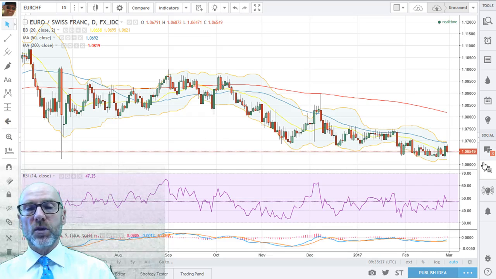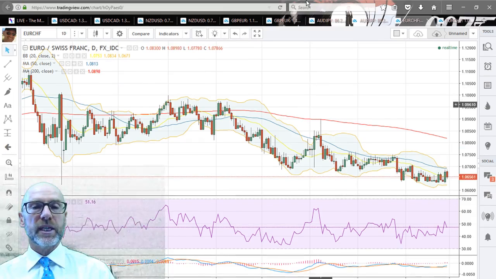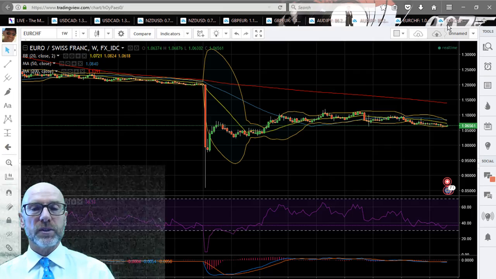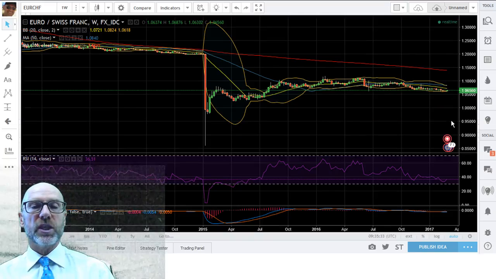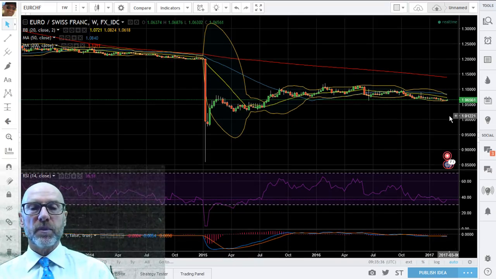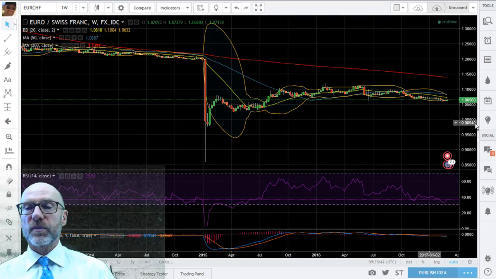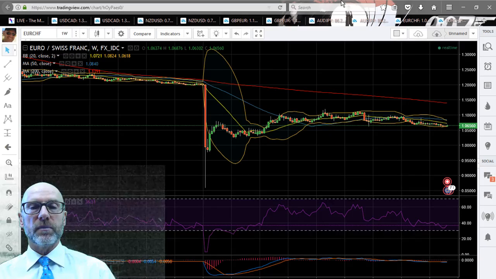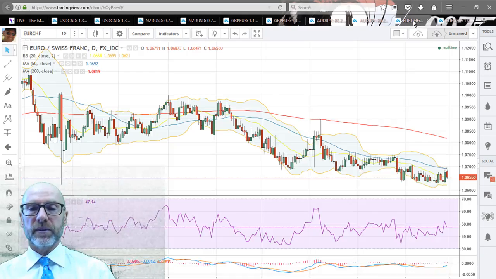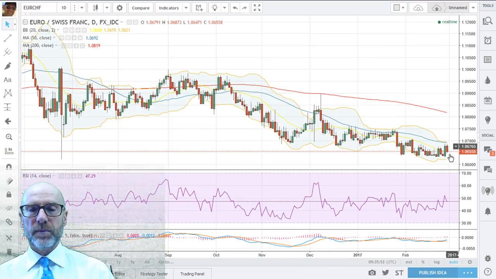If that gets broken, it could be indicative that we're seeing a base forming pattern. Hard to see on the weekly because of the move, obviously when they went off their float, but it could be a bottoming picture.